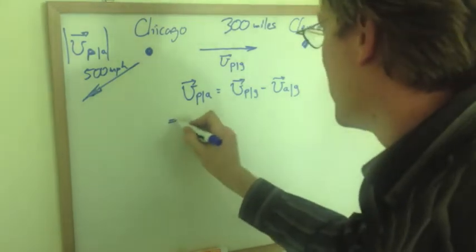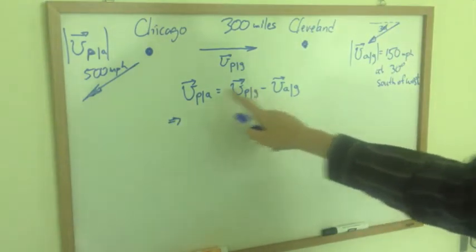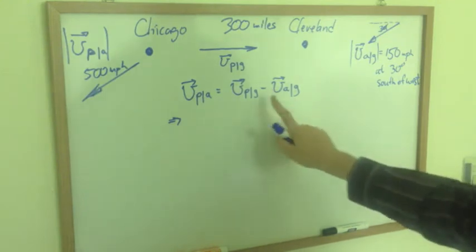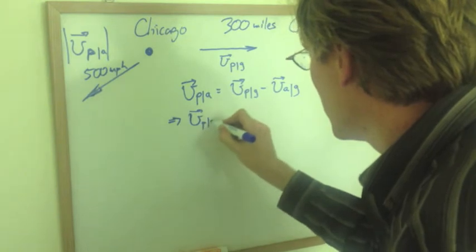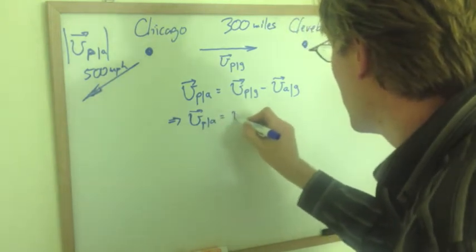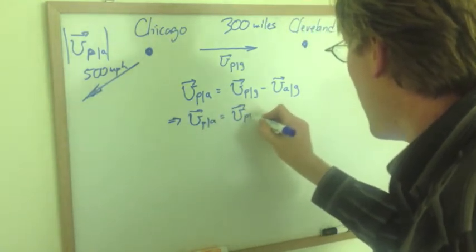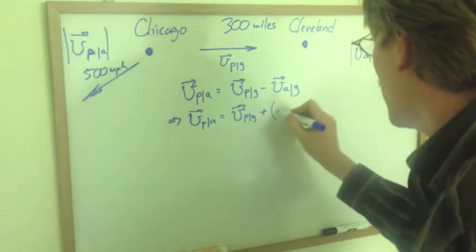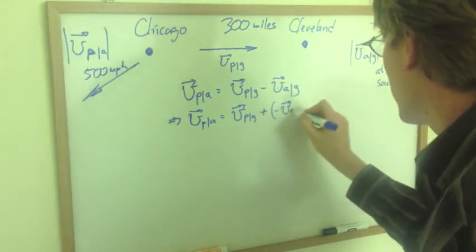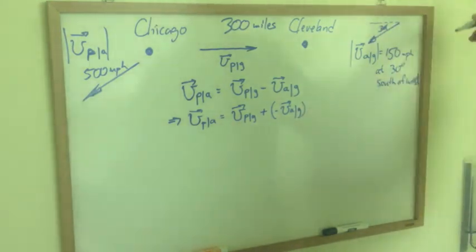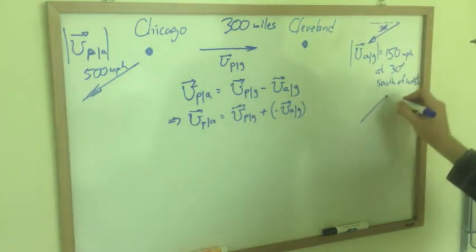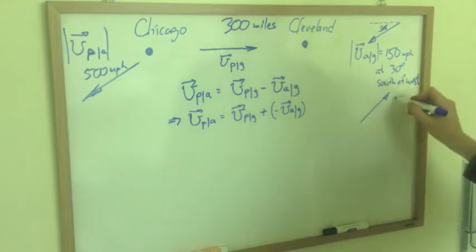Now, there's a minus vector. This is a vector equation. It's probably best to consider this as an addition problem, where we add a negative vector. And a negative vector is simply the same vector of opposite direction. So here is negative VAG.